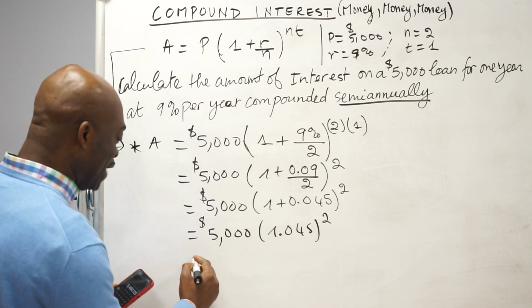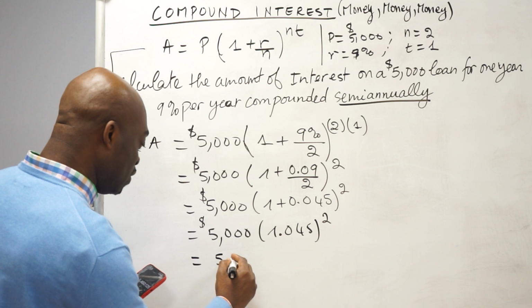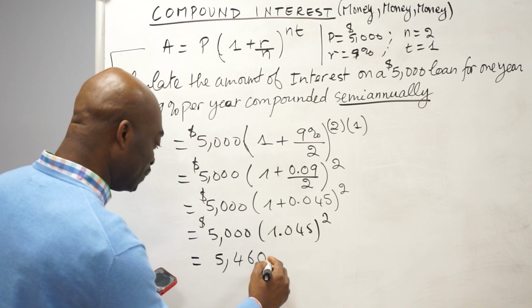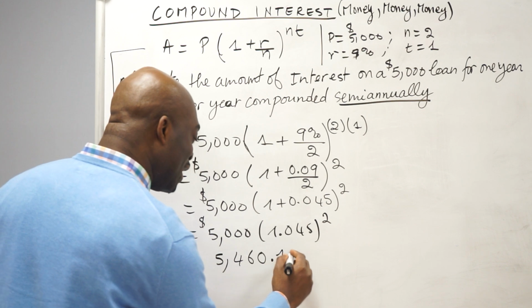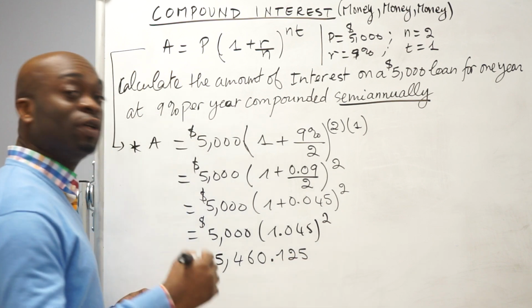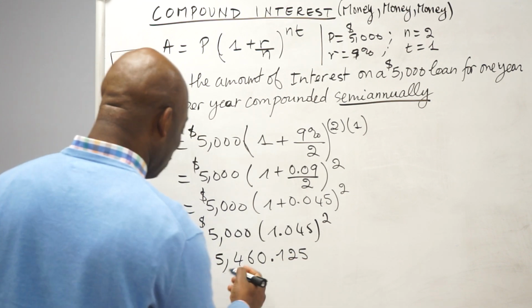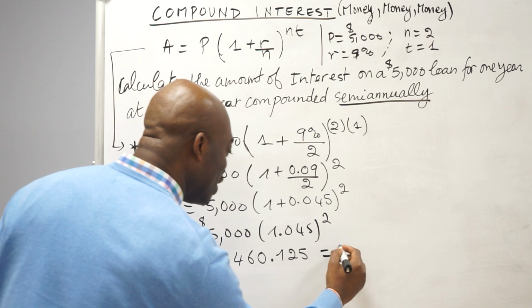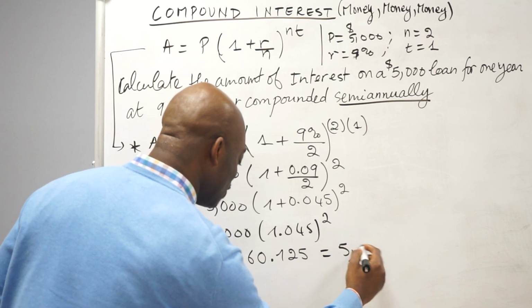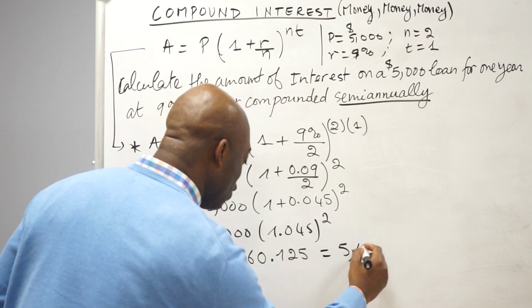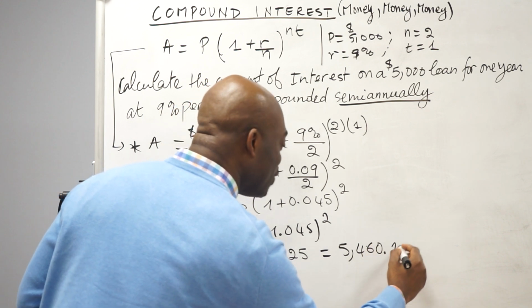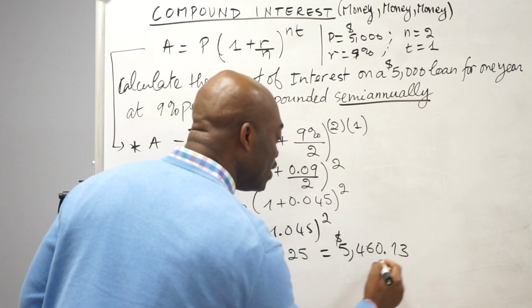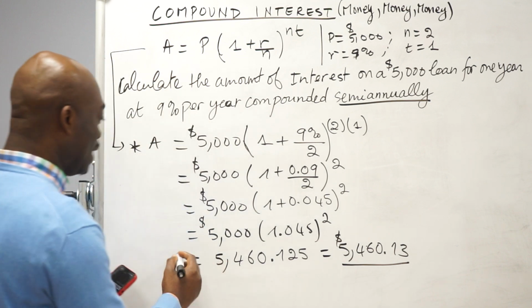You end up with 5,460.125, so you have to round it: 5,460.13. So that is your amount.